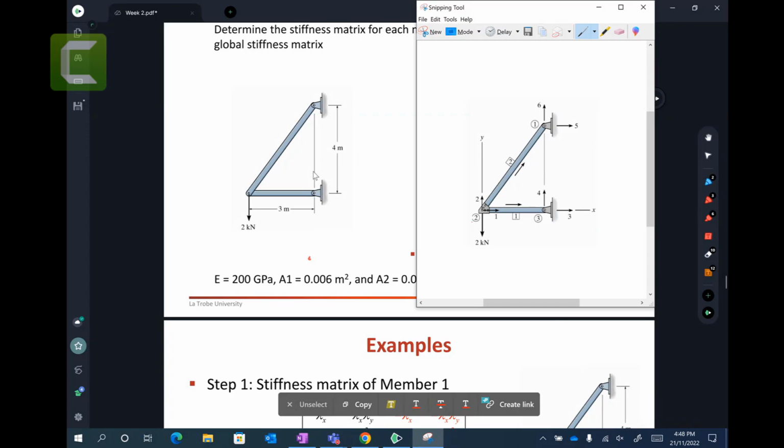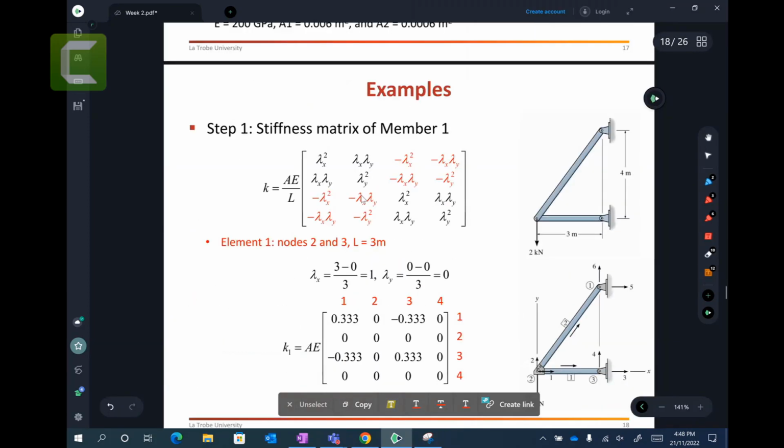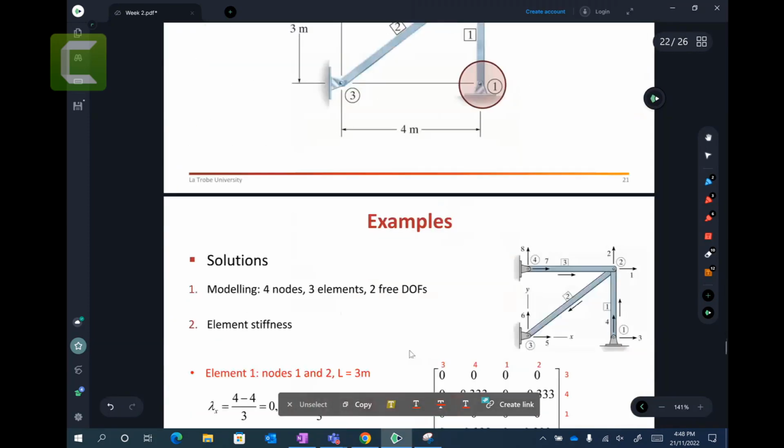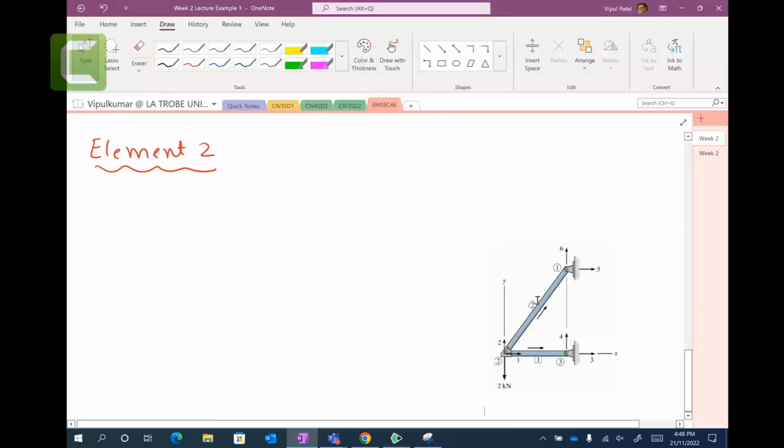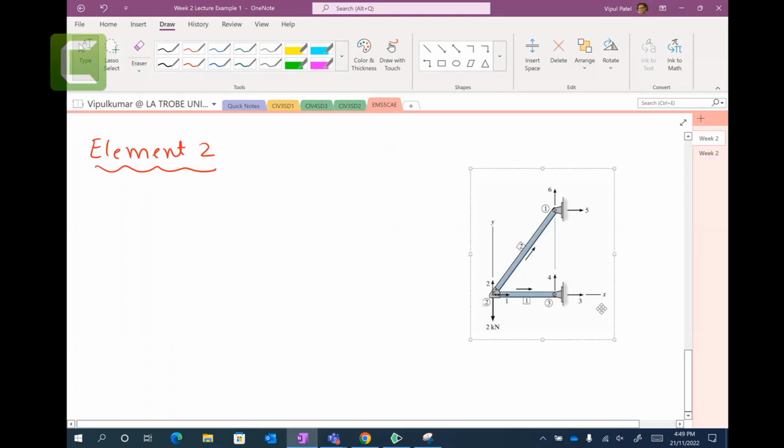Okay, there is a last message. I'm just keeping an eye on the chat as well. And paste. Okay, now element number 1 done.